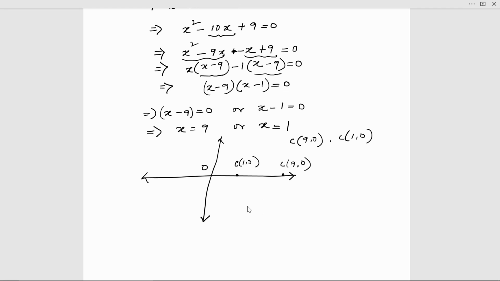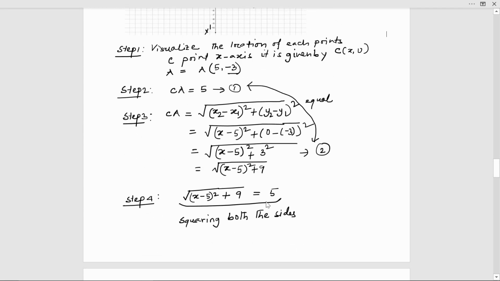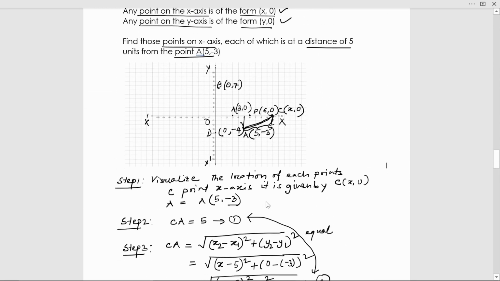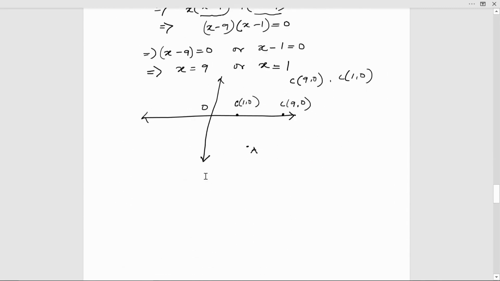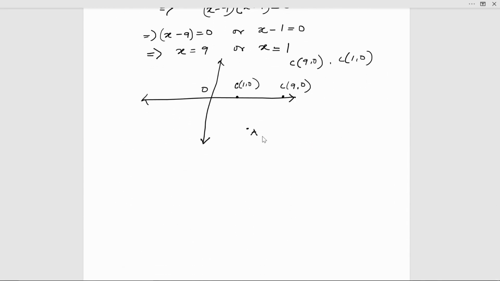basically at equal distance from A, which is nothing but (5, −3). These distances are equal as per the problem.